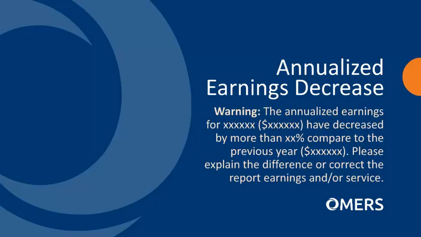Earnings are an important piece of information OMERS requires. Therefore, discrepancies will cause warnings to fire. This is one of two earnings warnings that could fire on the eForm 119. Warning: the annualized earnings for X have decreased by more than X compared to the previous year X. Please explain the difference or correct the reported earnings and/or service.